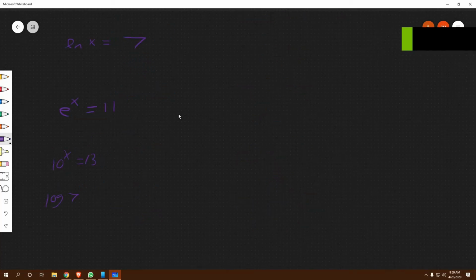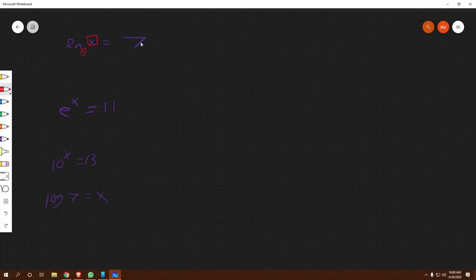Alright, so we have some more examples. I actually need to finish writing the last one. Log base 7 equals x. Same thing, we're going to identify circle and star. Here, my circle is my base, and it's not there. It's not there because this is a natural log, so we know that my base is an e.